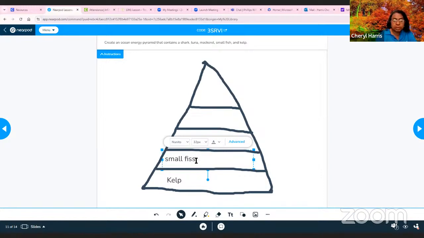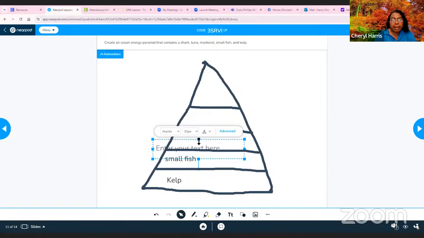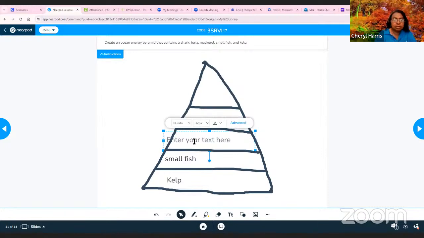Oops, I can't spell. And then who eats the small fish? The mackerel. The mackerel is just a slightly bigger fish, but it's not the biggest fish. And the thing with doing text boxes and typing is you can easily shift your words.